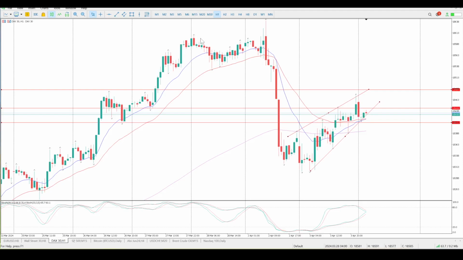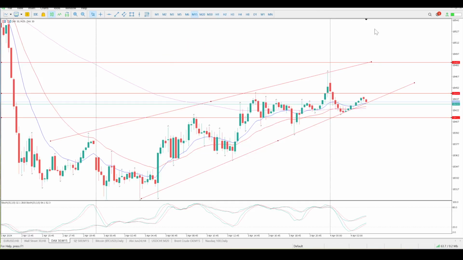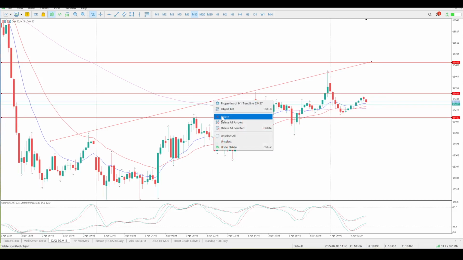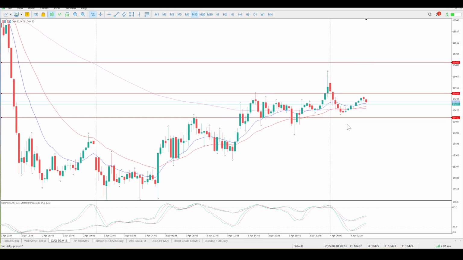Now, if we just look at the logic and just put the emotion out of it, from the 15-minute perspective, we are in amongst all the moving averages. So the wise thing to do would be ignore the flag, just assume that it's not there, and you're looking for breaks of structure.